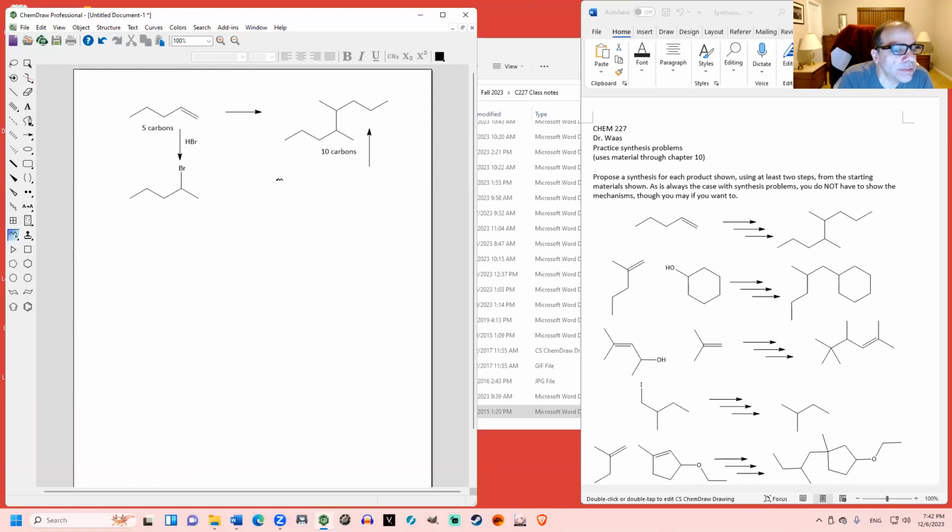That means that if we had this bromide, and we had this cuprate, we could react them together and they would give this compound.